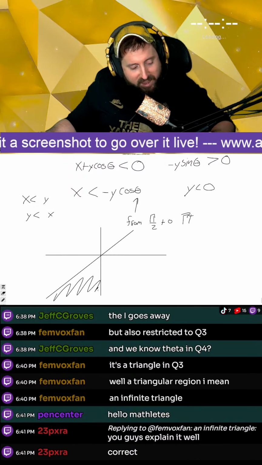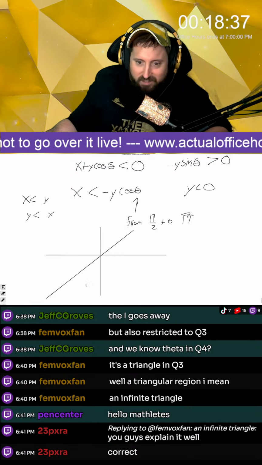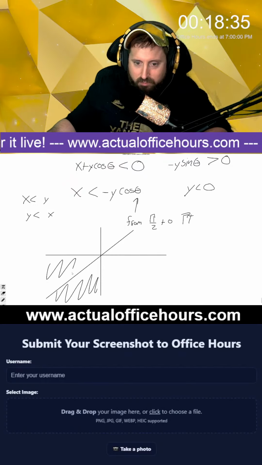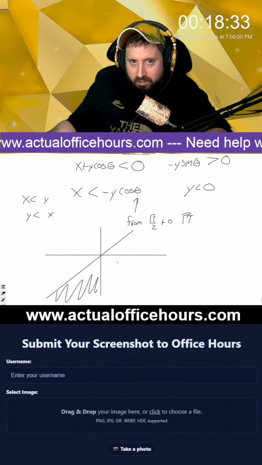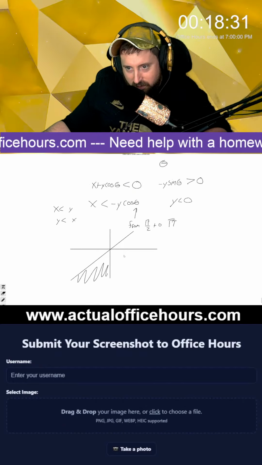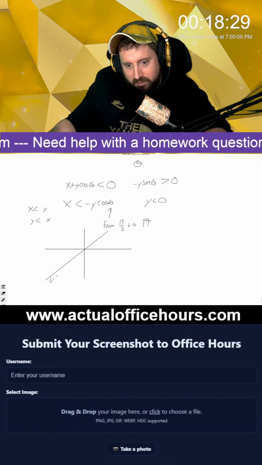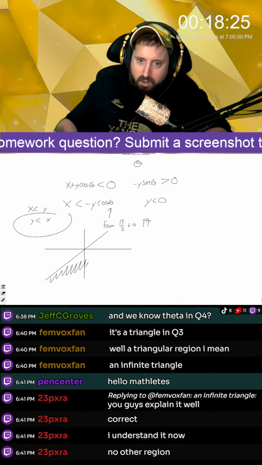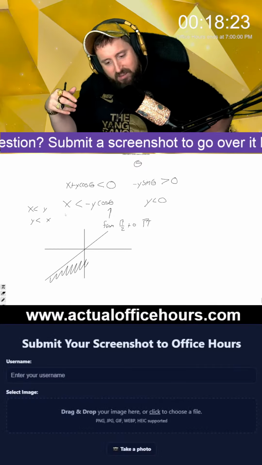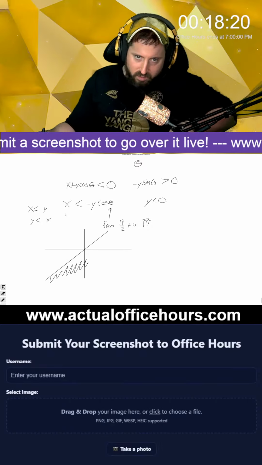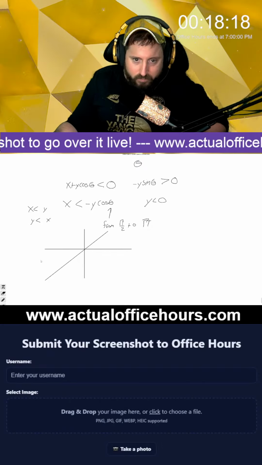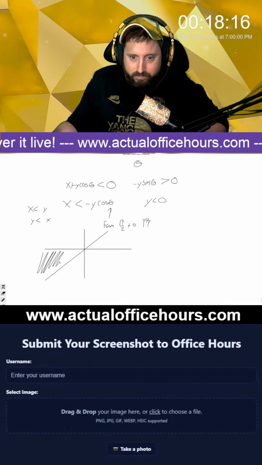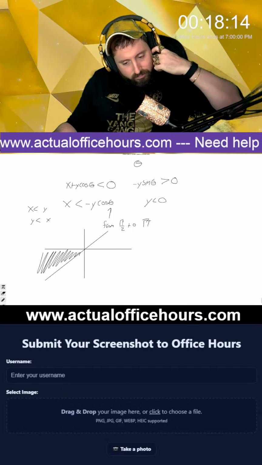Is it this region or is it this region? I think it's this region. Yeah, I think it's this region. But we said y is less than x. No. Okay. It's the other one. Okay.